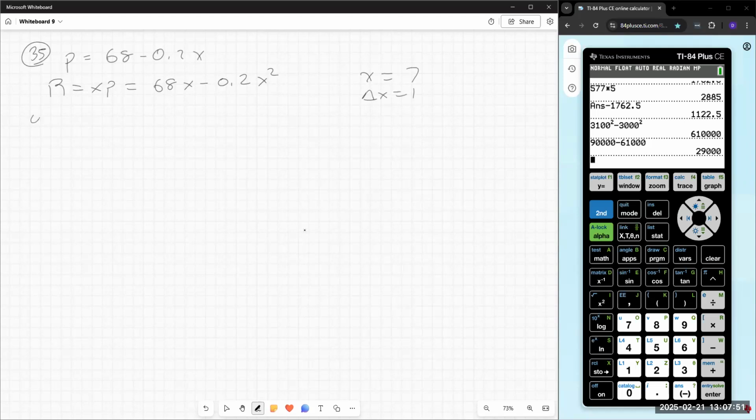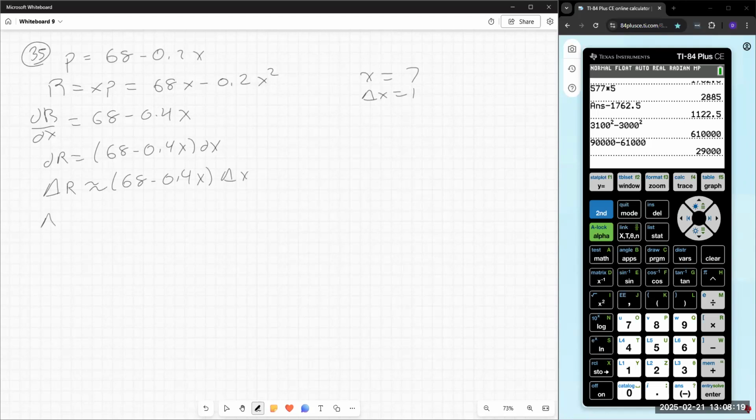So dr/dx is going to be 68 minus 0.4x. dr will be exactly 68 minus 0.4x dx.